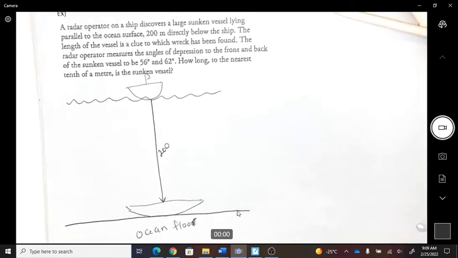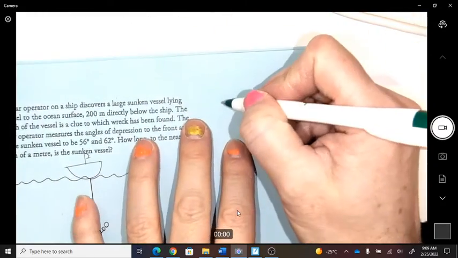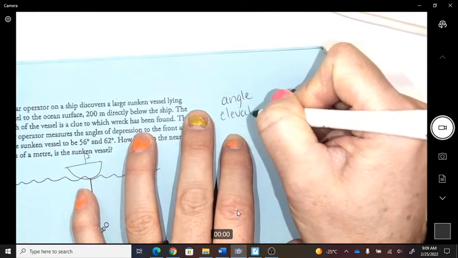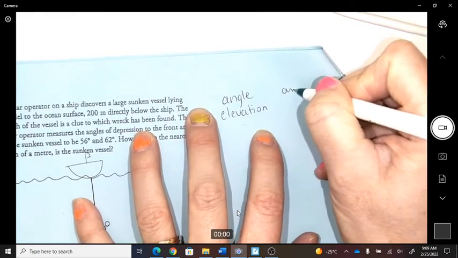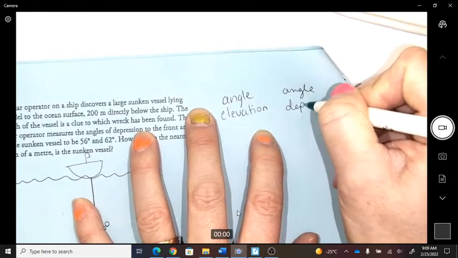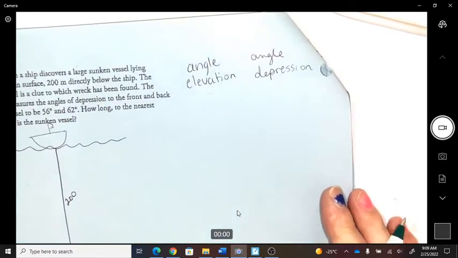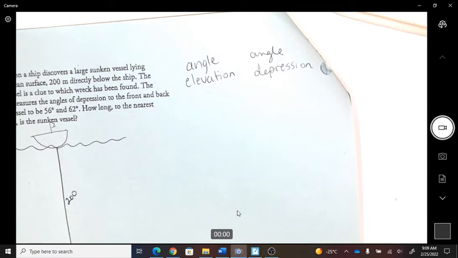Okay, so let's understand what the angle of depression is. Here are some words you might see: an angle of elevation and an angle of depression.